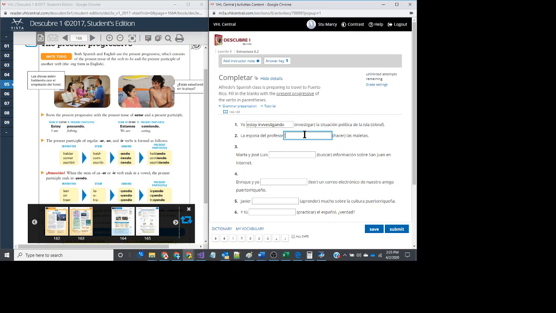And la esposa del profesor está, that has an accent, haciendo las maletas. She's doing the bags. We wouldn't say that. We would say packing the bags. But this is the way they would describe that. Okay? Easy. You now know what you're doing. And so go to work and get her done.